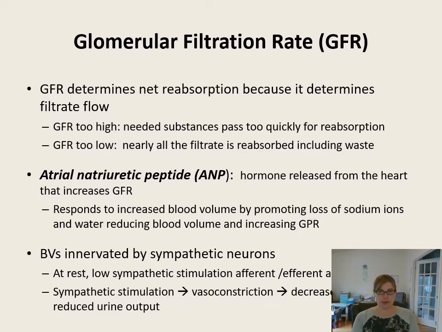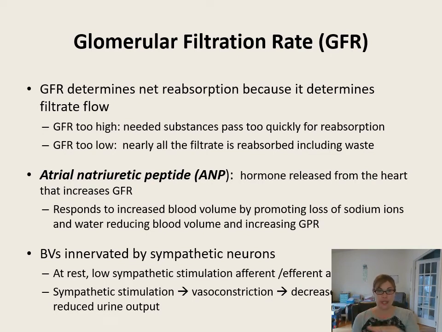GFR is going to determine reabsorption because it determines how fast things are moving through, pretty much. If the GFR is too high, if things are filtering way too fast, then it's going to be forcing things past the beginning part of the nephron way too fast. And the nephron is not going to be able to absorb things quickly enough.